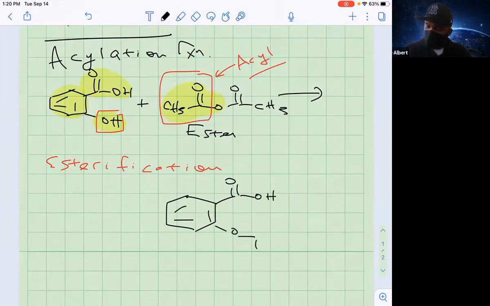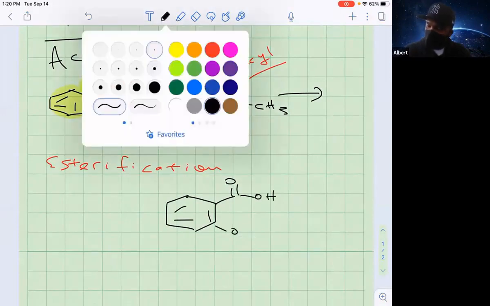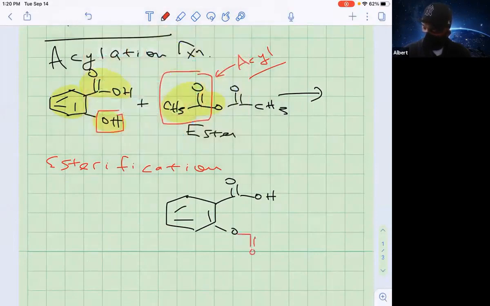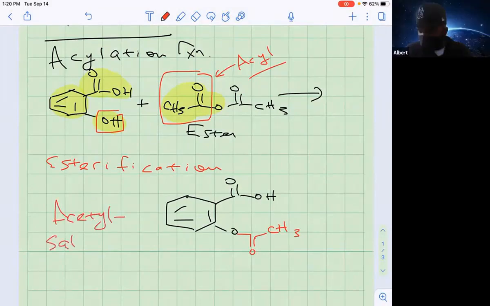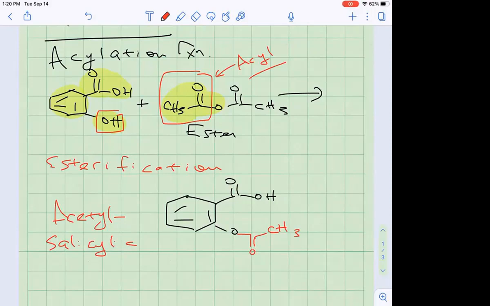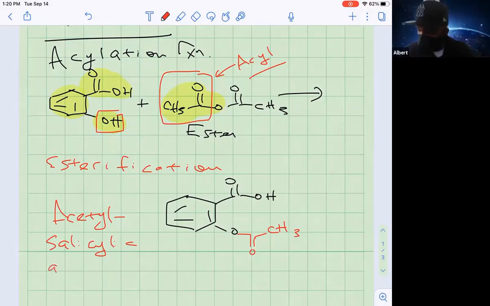Let me change the color on that. So this is aspirin, or acetylsalicylic acid.